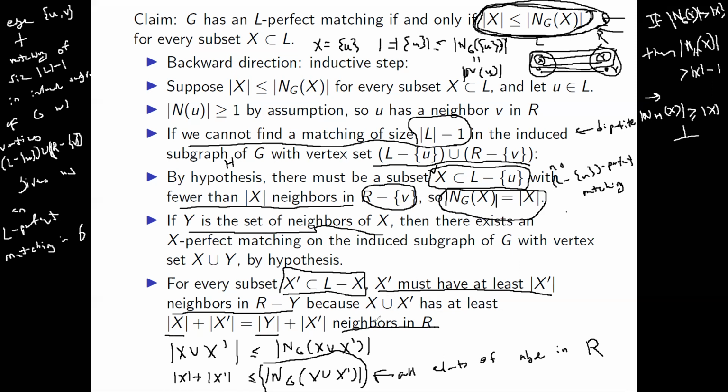So we just said that x union x prime has at least cardinality of x prime plus cardinality of y neighbors in R. Then we can look at x union x prime, at least how many neighbors does it have in R minus y.